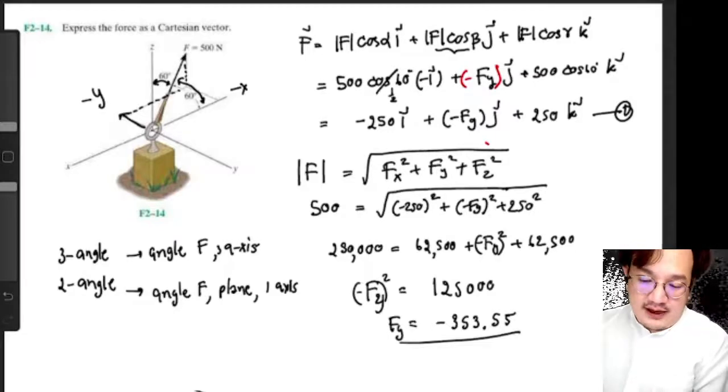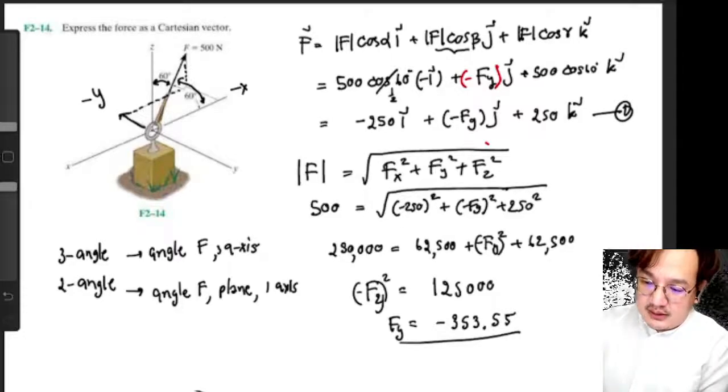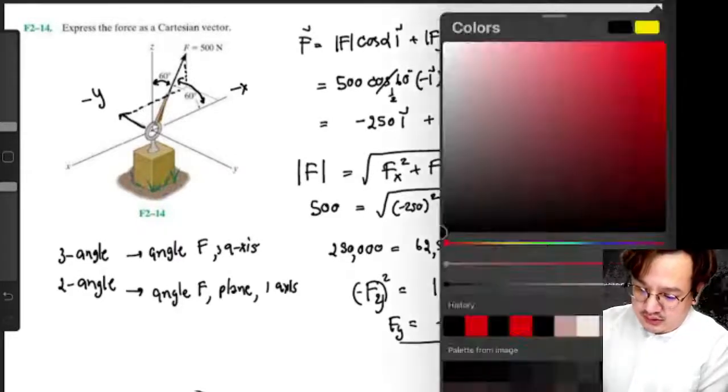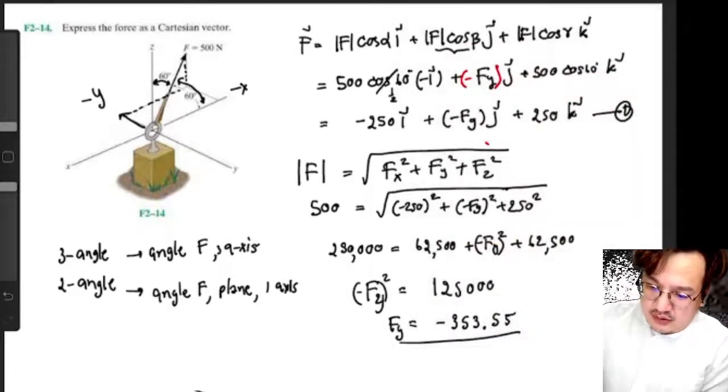You can also find the angle of Fy by putting it back into this term.